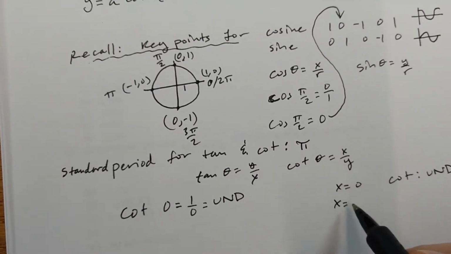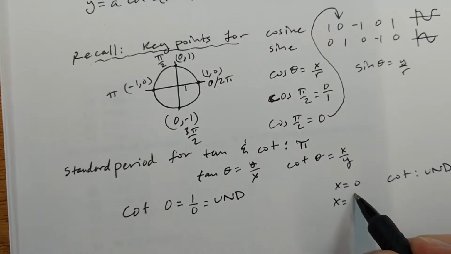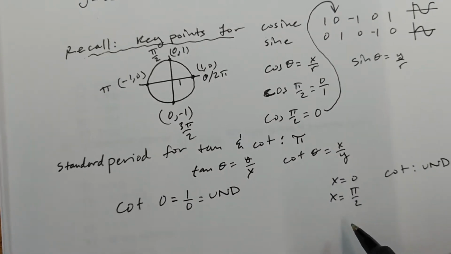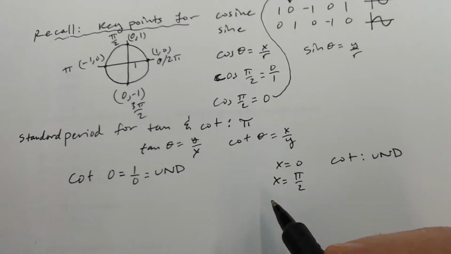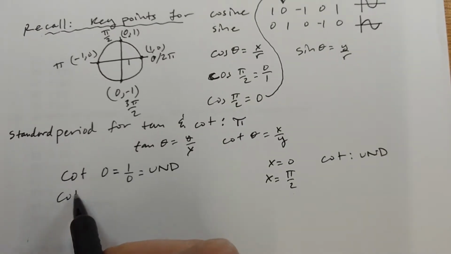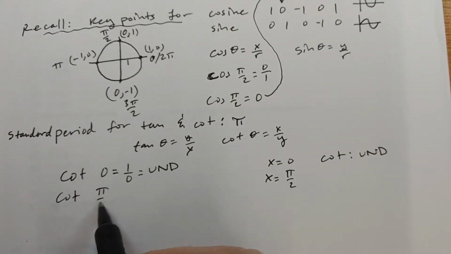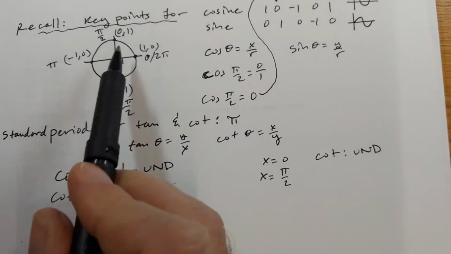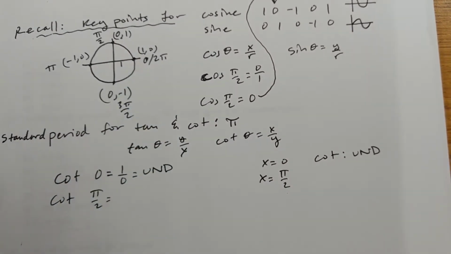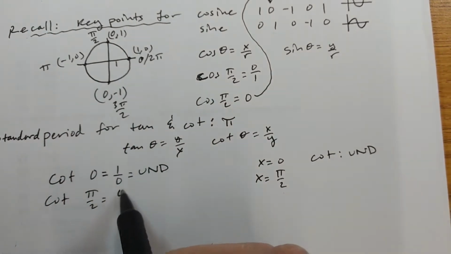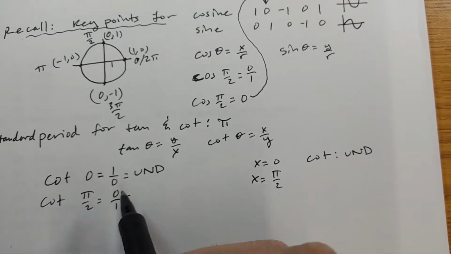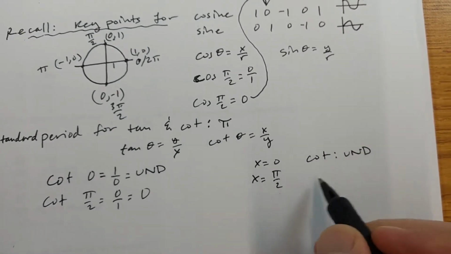When our x value is pi over 2, the cotangent of pi over 2 is equal to, well, the x value is 0 and the y value is 1, and so this will equal 0.